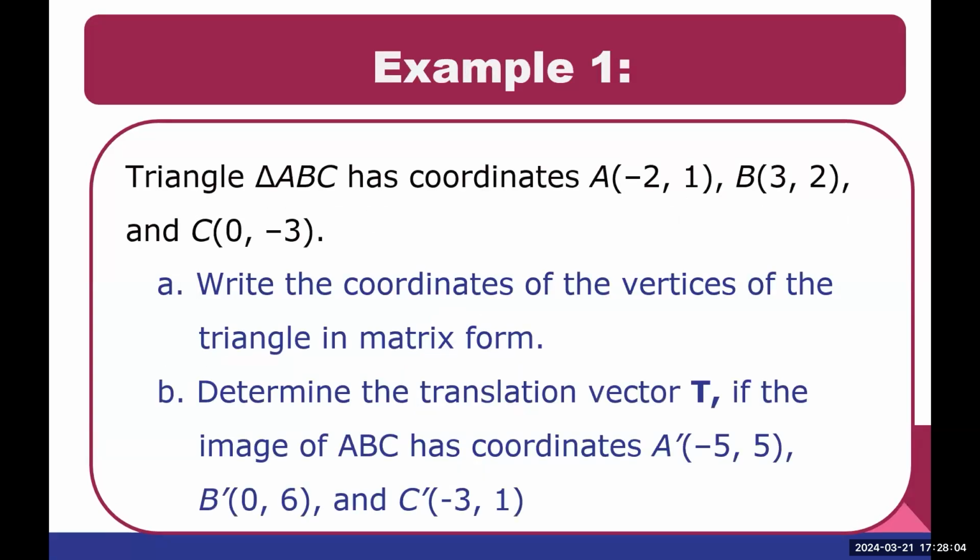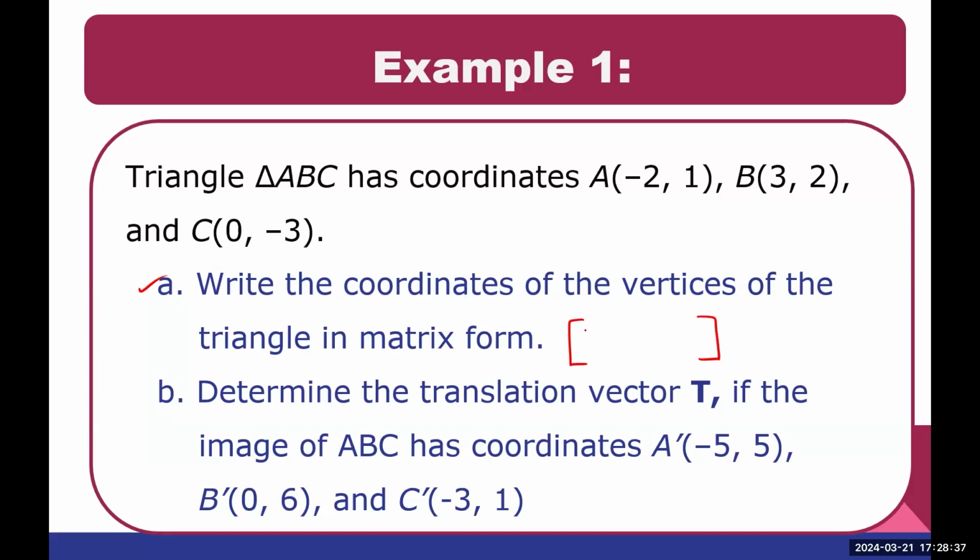So let's look at this triangle. Triangle ABC has coordinates A being -2, 1, B 3, 2, and C 0, -3. Now, the first part of this says, write the coordinates of the vertices of the triangle in matrix form. If we're writing these coordinates in matrix form, what would that be? Give me the coordinates in matrix form.